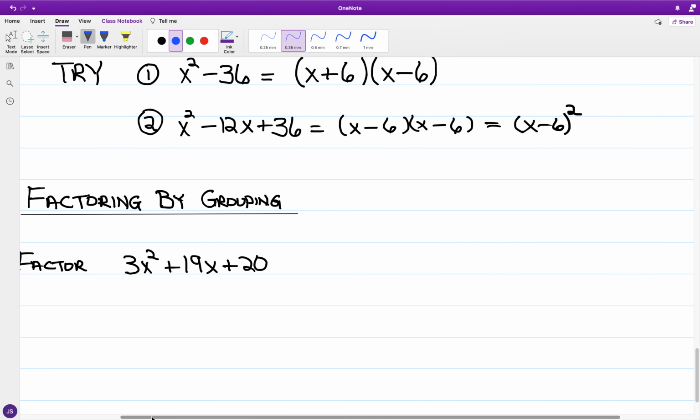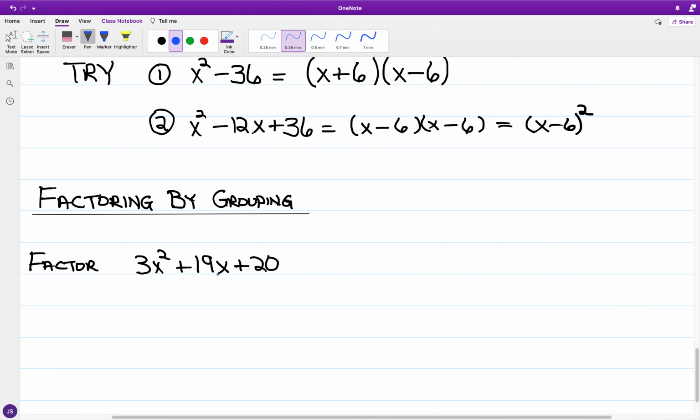Now, what you're going to do in terms of initiating the steps is look at first of all the first and the last numbers. First number 3, last number 20, and you're going to multiply them together. So take the first and the last numbers and multiply.